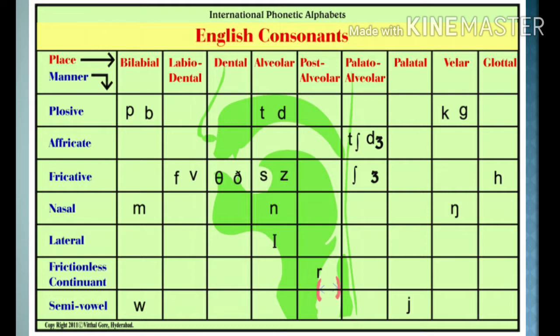Number 2, you have the place of articulation, that is the second label description. And the third, you have the manner of articulation. So when you bring all these three labels together for a particular sound, that means the three-term label description of that particular sound.